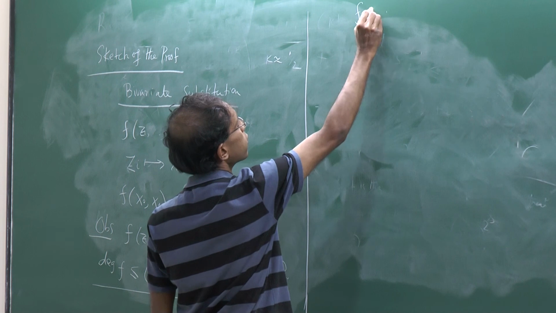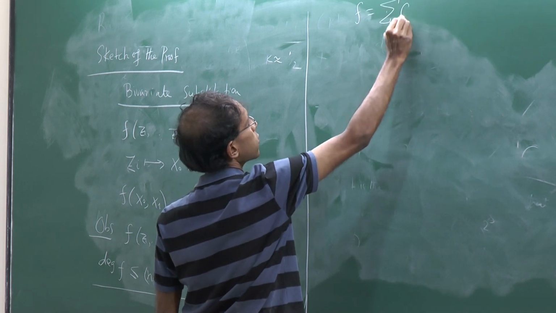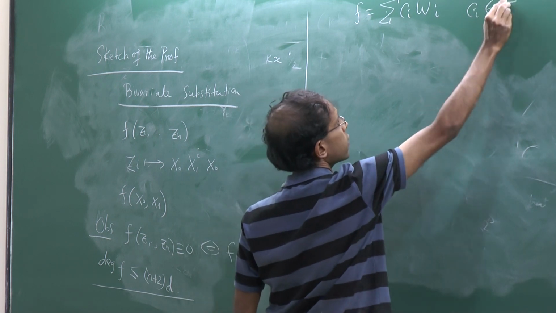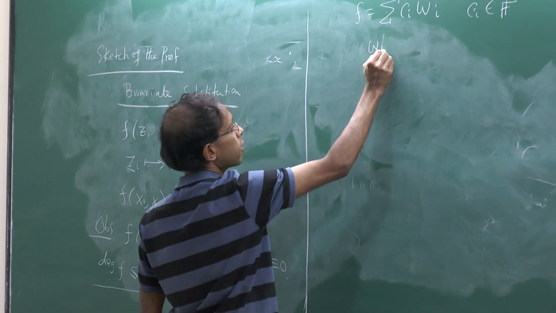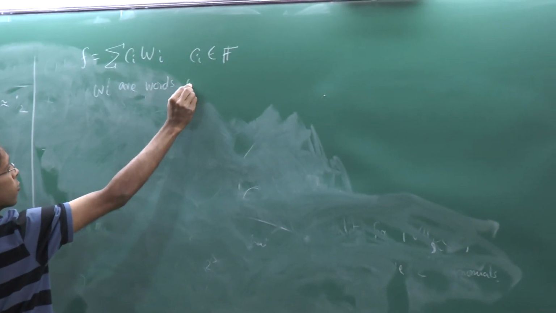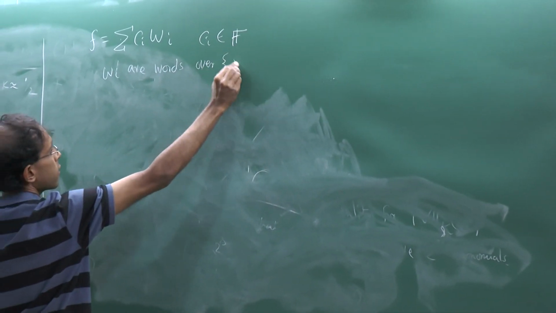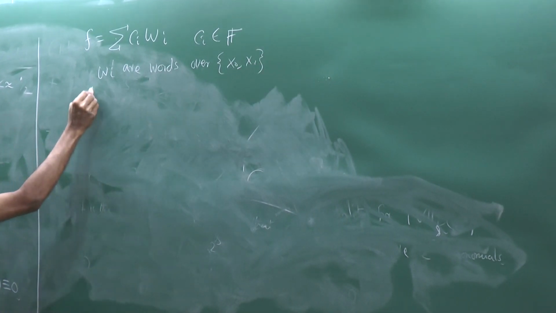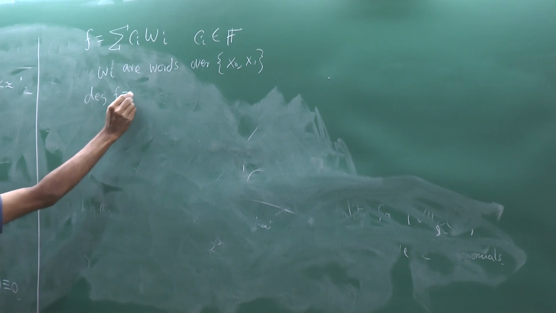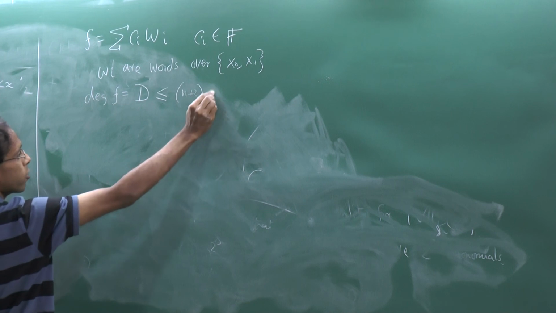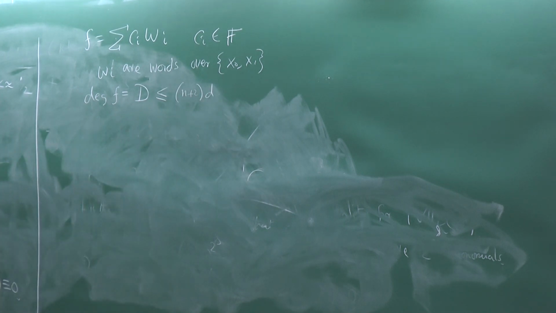So for example, now our polynomial becomes the sum of c_i w_i, where c_i are field elements and w_i are words over, let's say, x0 and x1, and the degree of f, let's call it d, is at most n plus 2 times d. So you are in this situation now. Okay, good.